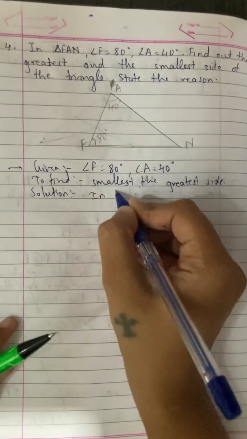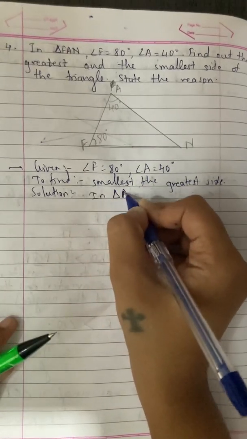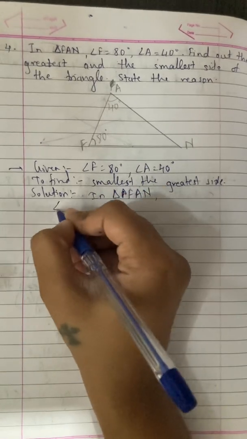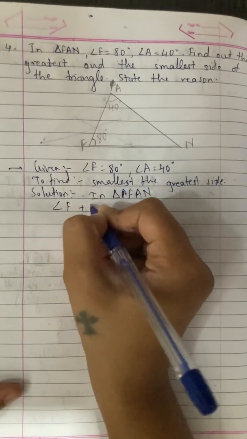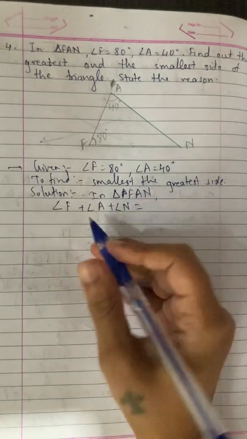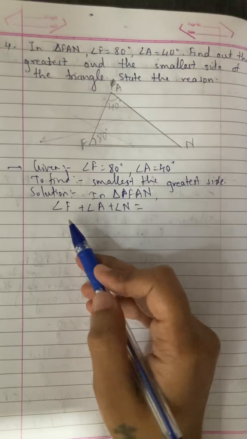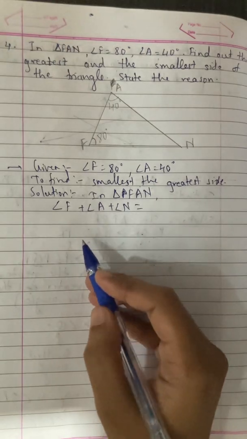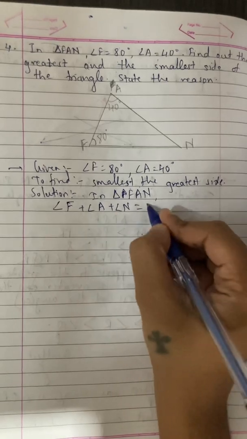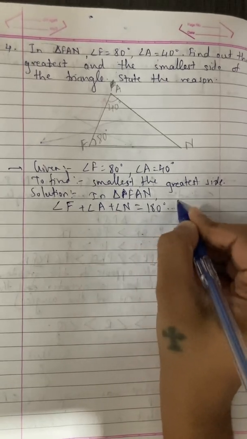In triangle FAN, angle F plus angle A plus angle N, all this angle sum. I'm not writing the full form of the angles, I'm just writing the one letter name. Okay, you can write down the full letter name also. So it is going to be equal to 180 degree.